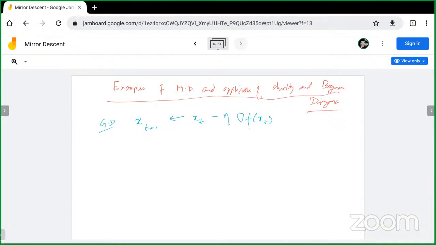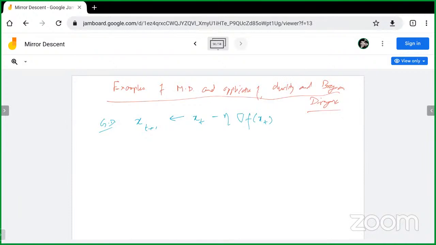In our usual setting, if I have 5-dimensional R^n space and I'm working with usual norms, then everything is fine. But suppose, just for the sake of example, I take a different space.